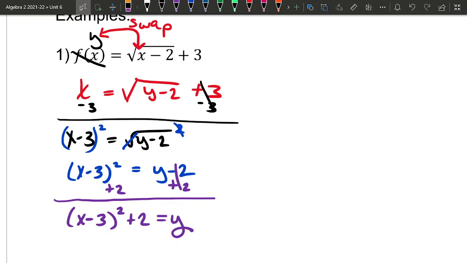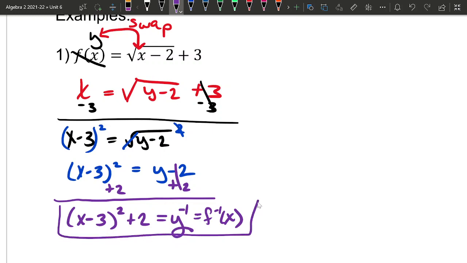So I need a new name for this, and so I'm going to call it y inverse. So you just put a negative 1 by it. I'm going to put a negative 1 as the exponent. That means y inverse. Or you might see it as f inverse of x. Those mean the same thing. Either notation is fine. And you're done. That's the inverse equation.